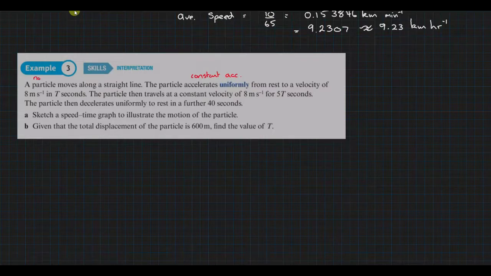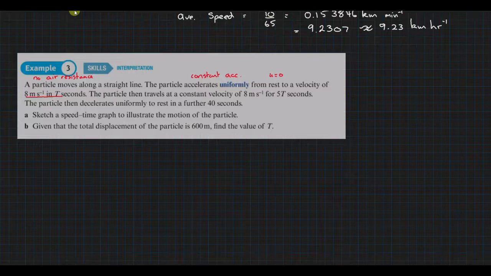The particle moves, no air resistance. Remember, you still need to be able to identify what these things mean. At rest, so initially u equals 0, u, initial velocity. Velocity is 8 t seconds. So I know my velocity axis needs to go from 0 to 8 at the moment.